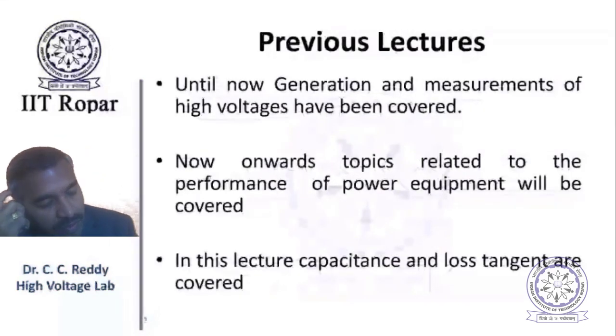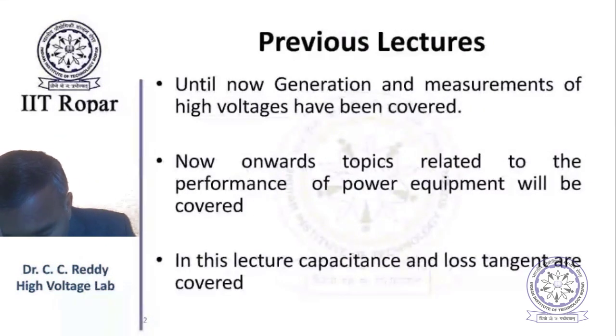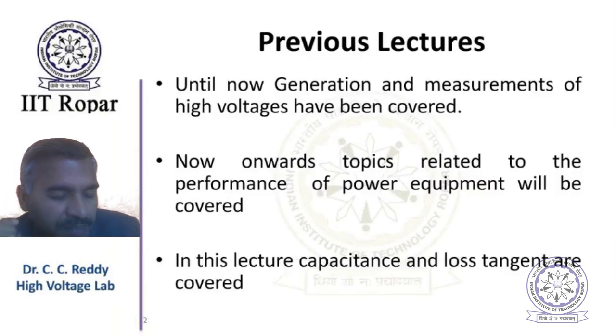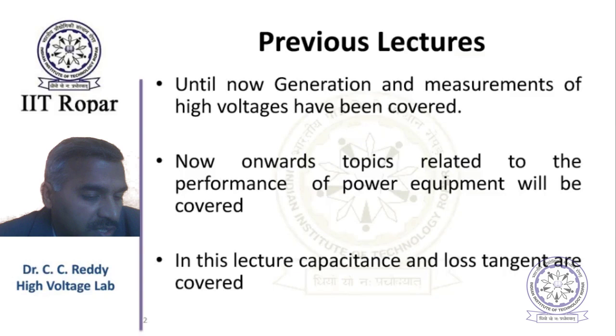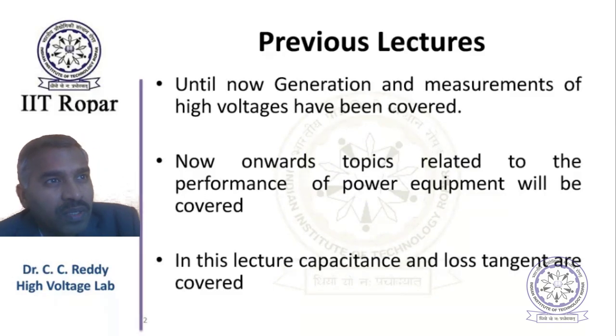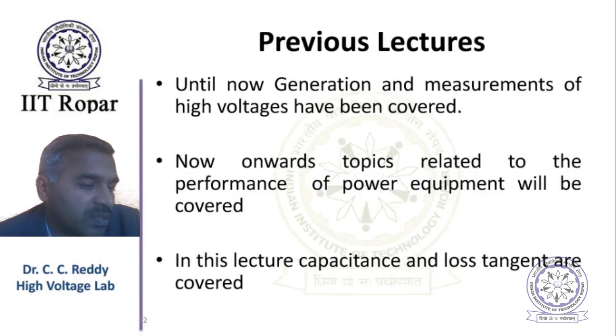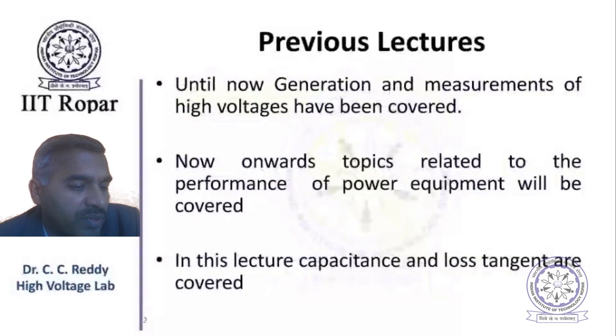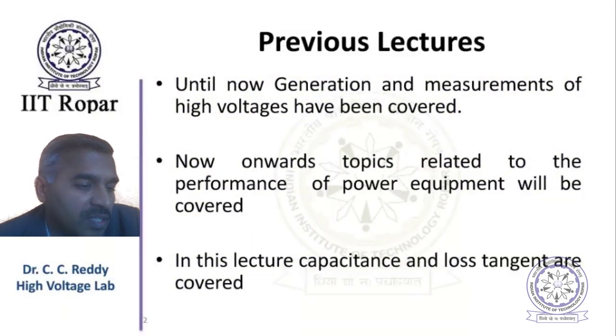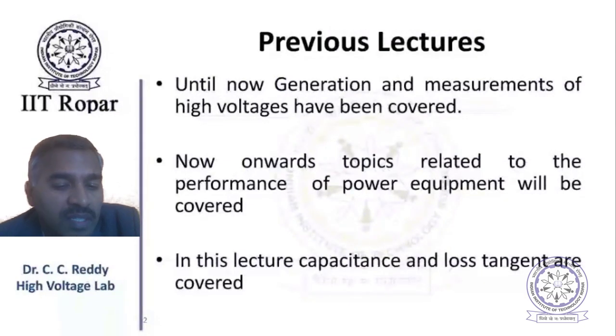So the difference is, we have studied how the high voltages can be generated, and then how these can be measured in a laboratory. That we have studied. Now, applying that voltage, we assess the performance of the power equipment, or assess the condition of the power equipment, or diagnose whether there is any problem or whether the equipment will survive for long or not.